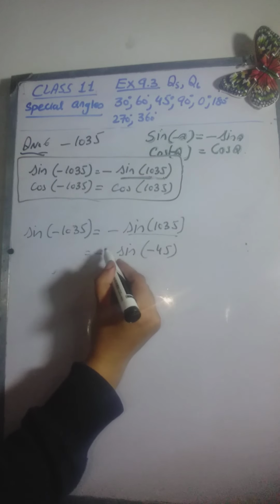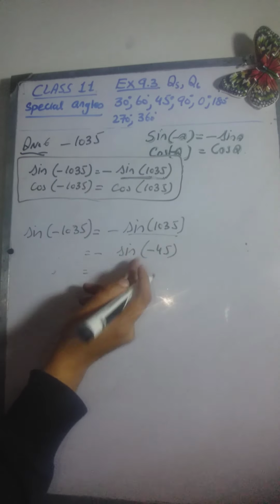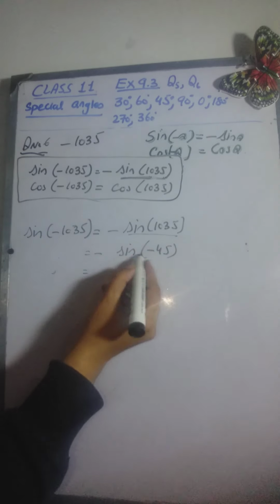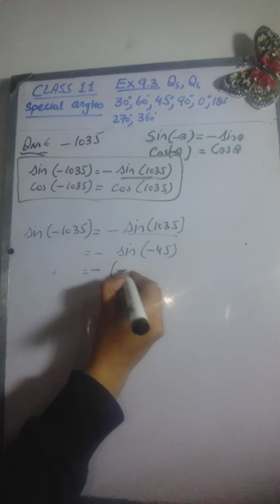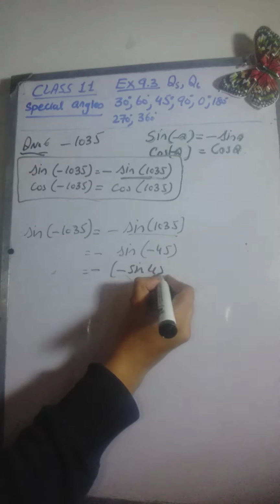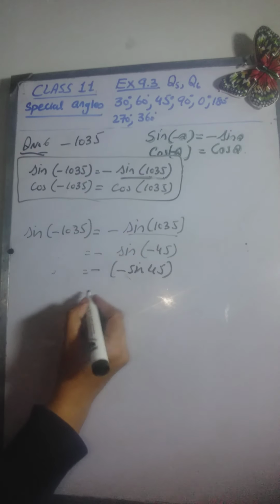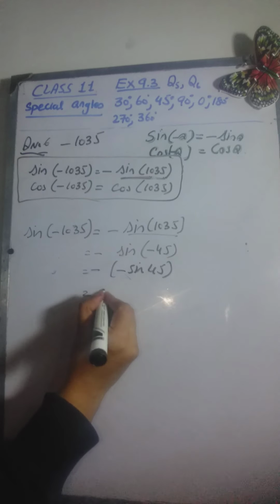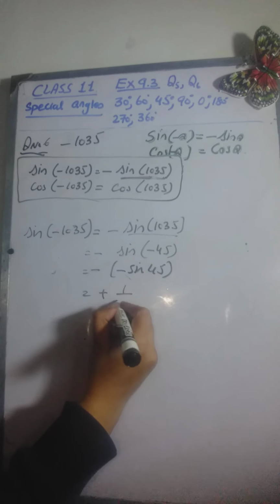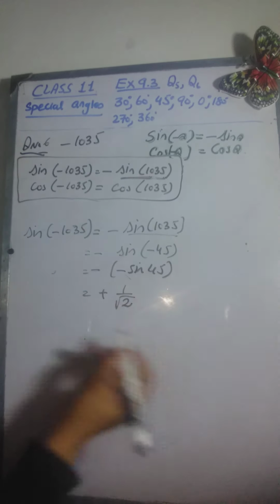Now this sign can be shifted in front of the sine. Here it will be negative of sine of 45 using this property, sine of negative theta is equal to negative sine of theta. This will become minus minus plus, and we know the sine of 45 is 1 over under root 2.